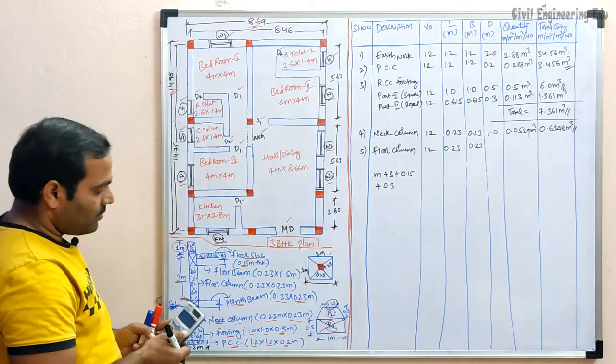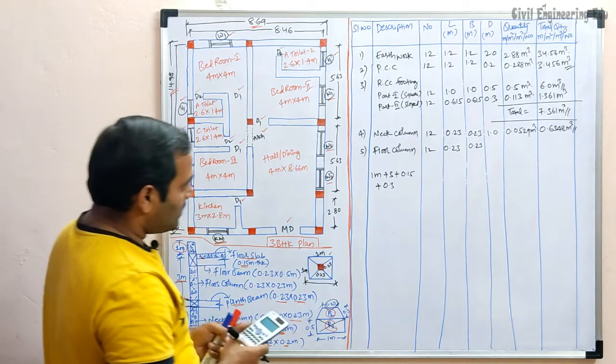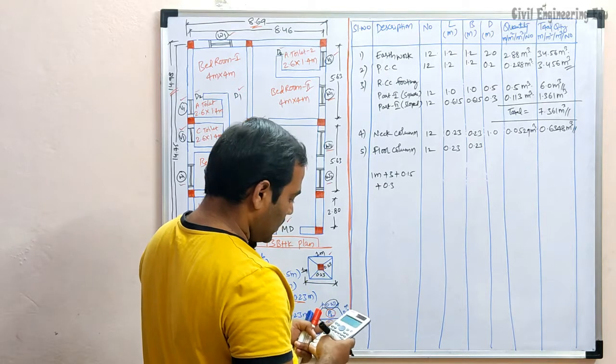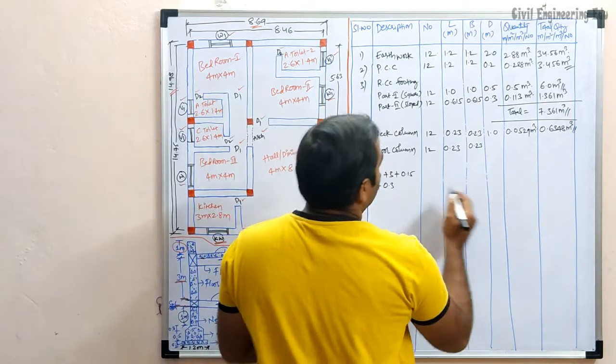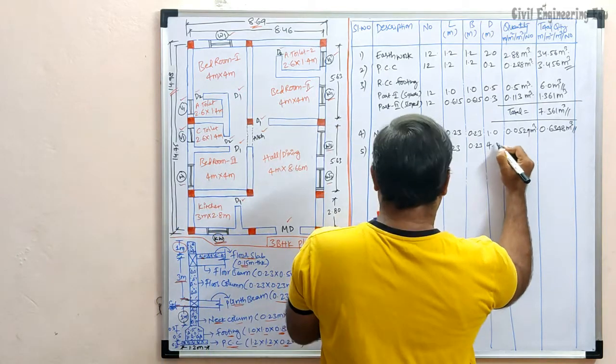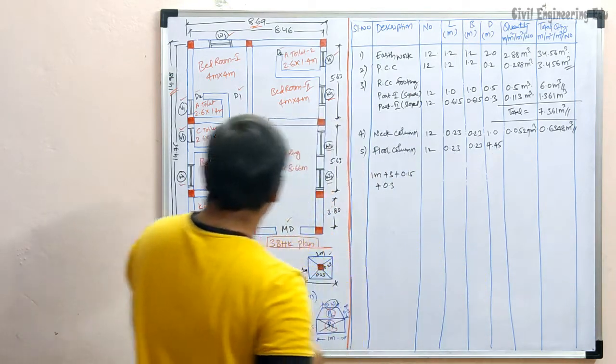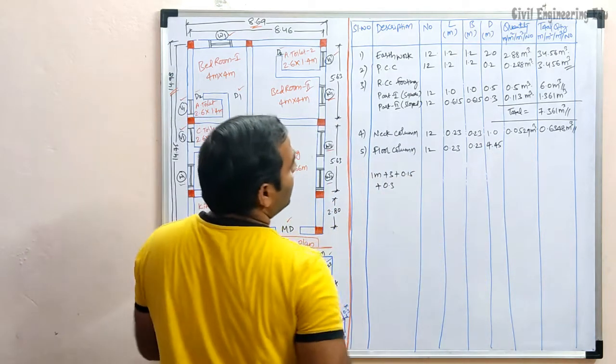So what will be the column height? 1 plus 3 plus 0.15 plus 0.3, we will get 4.45 meter. So this is the height of column.